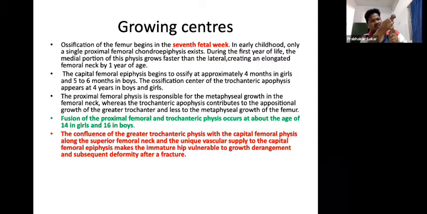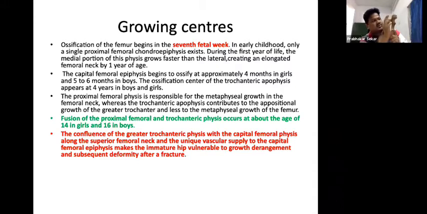Fusion of both the proximal femoral and trochanteric epiphyses occurs by 14 in girls and 16 in boys.